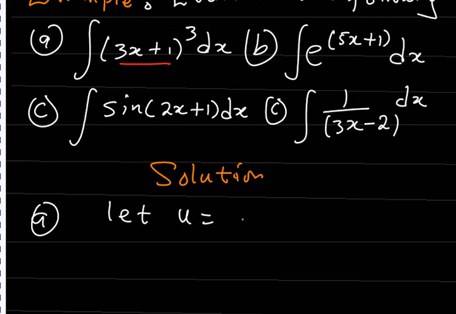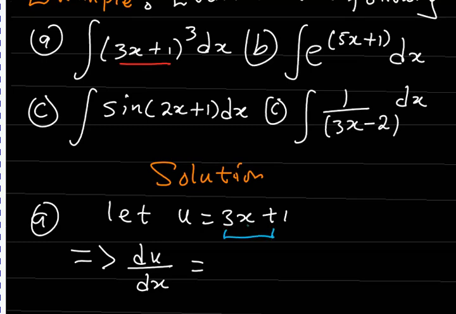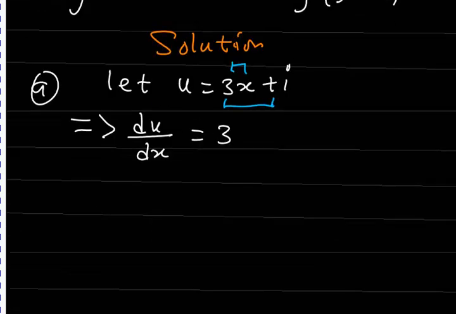Let u be equal to the linear function, which is 3x plus 1. All I just need to do is to find the derivative of u with respect to x. If I differentiate 3x, I will have 3. If I differentiate 1, I will have 0.